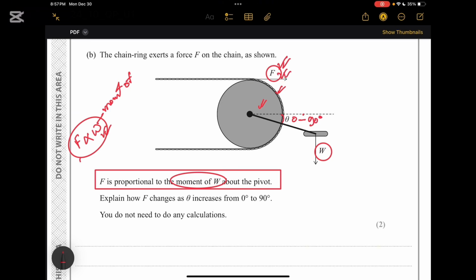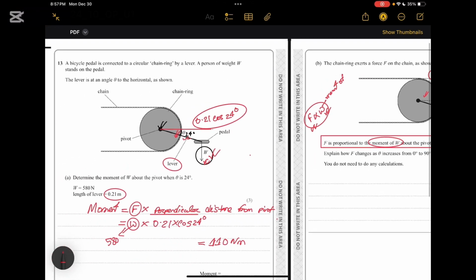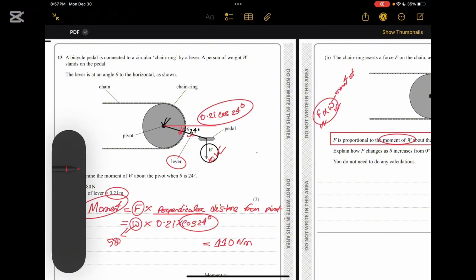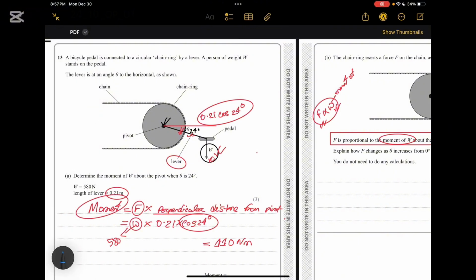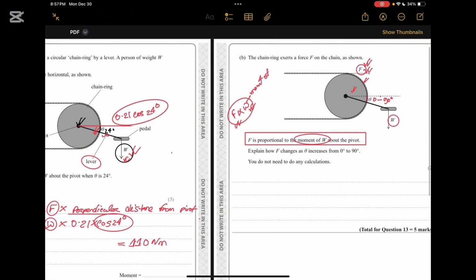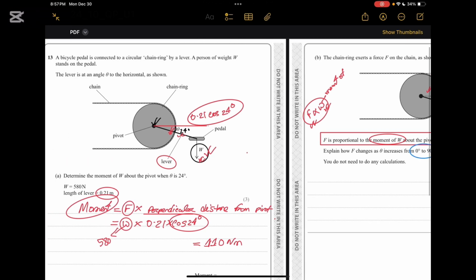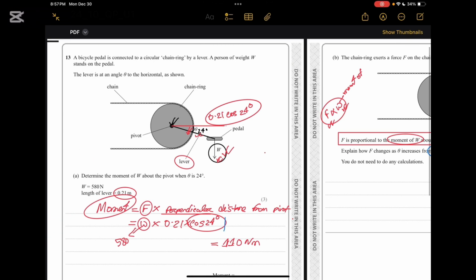As they have said, force is proportional to the moment of W. We know the moment of W is dependent on this cos value. So if this theta value increases, how will the moment react?